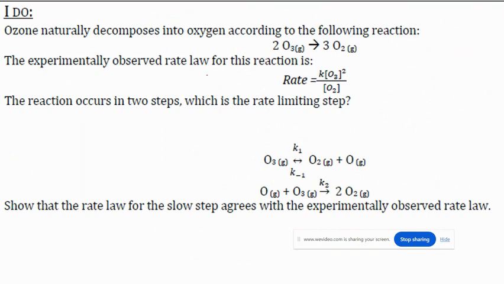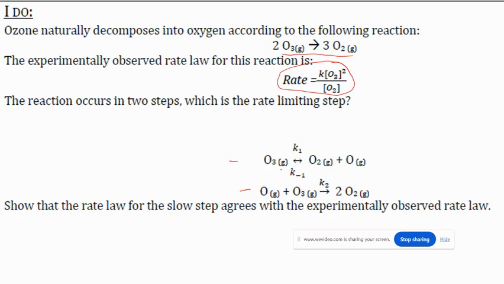So they've given us the rate law here. This is the overall equation, but it's actually occurring in two different steps. They want to know which step that rate law would apply to.